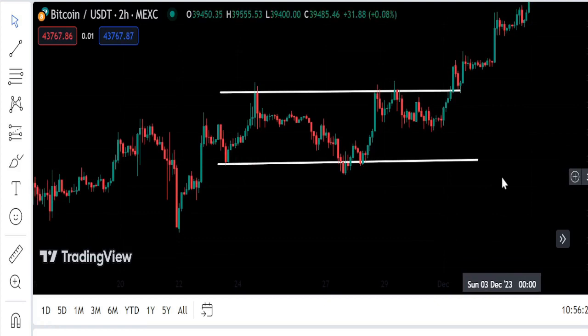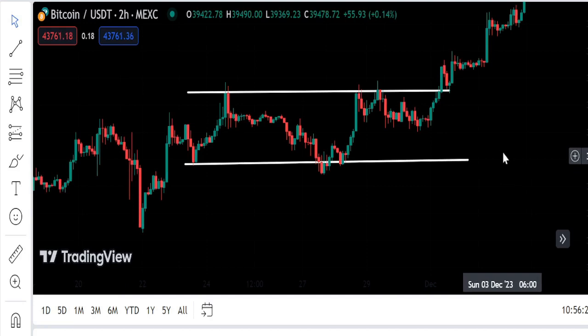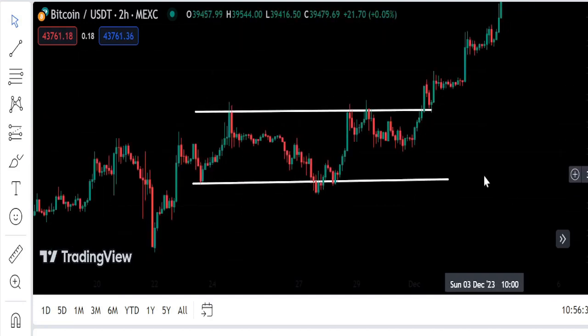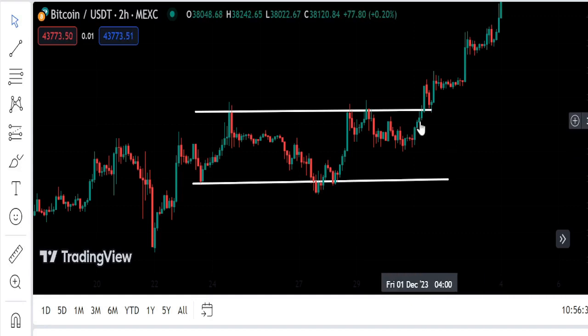So first of all, what we can notice from this pattern is that price makes a move above this line here. This candle here confirms the validity of this pattern.